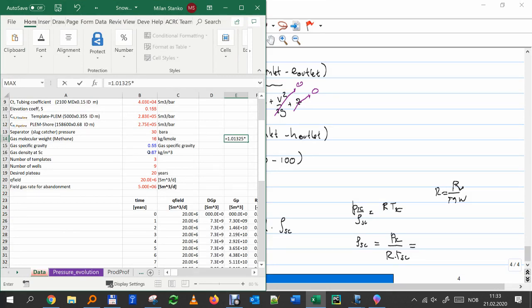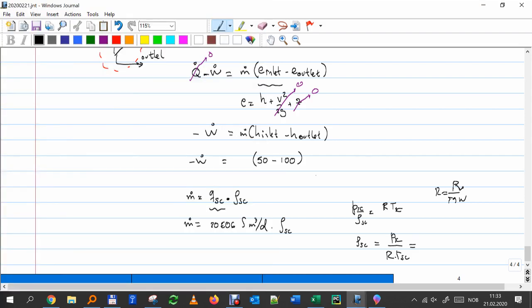Oh, here, 0.67. It's using the same equation. Good. So that is 0.67.